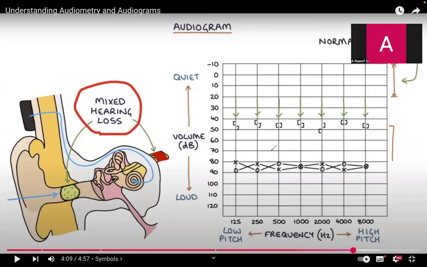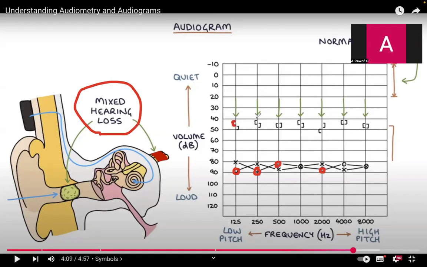You can see, let's take the right ear now. The air conduction is between 80 to 90 decibels for the right ear. And also we know that the right ear is open bracket.